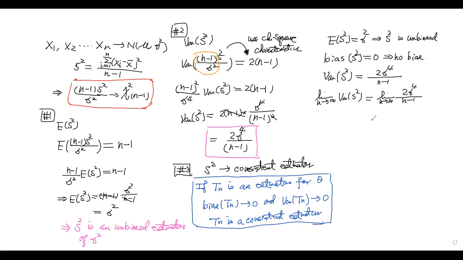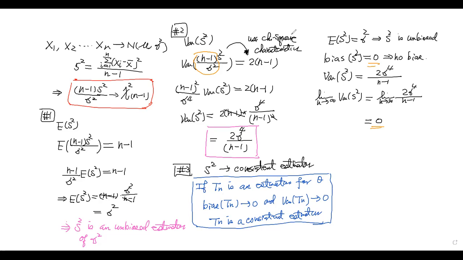So as n approaches infinity, the variance of s square is the limit of 2 sigma to the fourth over n minus 1. So what is this? This is 0, right? So I satisfied both conditions: the bias goes to zero and the variance goes to zero.